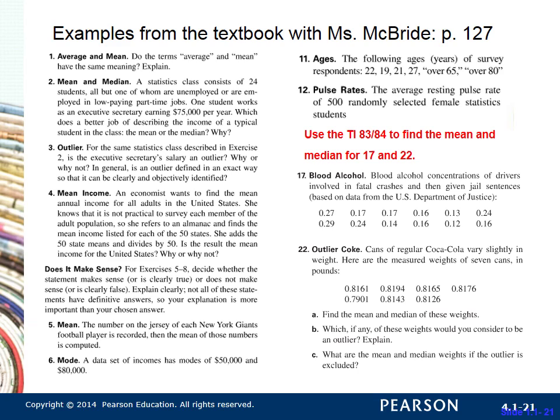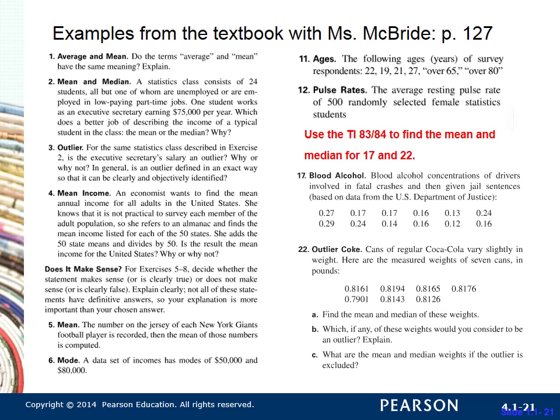Which does a better job of describing the income of the typical student, the mean or the median? All right, so this one should be pretty clear that the median would be better because you have that one outlier of that executive secretary. That would pull the mean average higher than it really is. So the median is better.